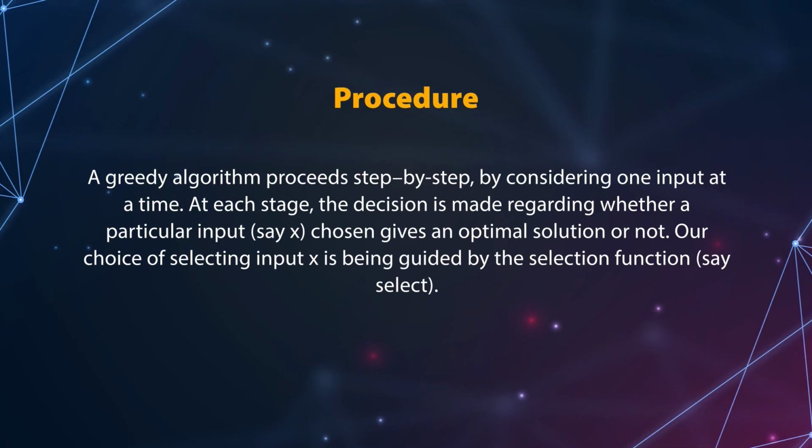At this stage, you make a decision that this particular input satisfies all the constraints and it can be part of your solution set. So our selection of input X is guided by some selection function. We are calling that selection function select. So keep that in mind. One more variable we are adding here is select.